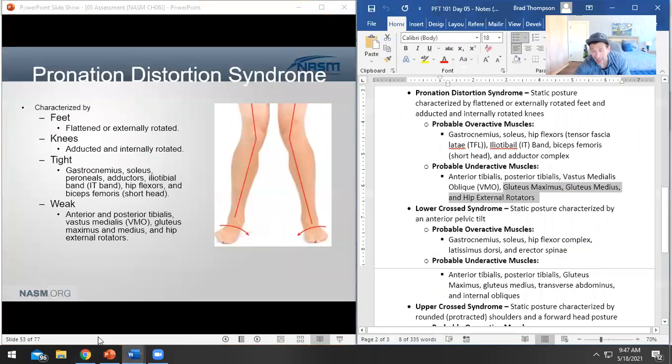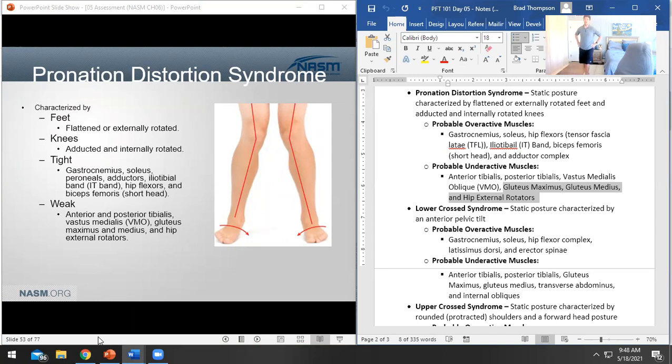So I've got my adductor complex, which would be caving my knee in like this. And I've got my adductor complex, which is going to pull this way. So my gluteus medius, my side butt muscle right here, is going to help me with my knees caving in action. And then the rotation part, I'm not just caving in, I'm also rotating, right?